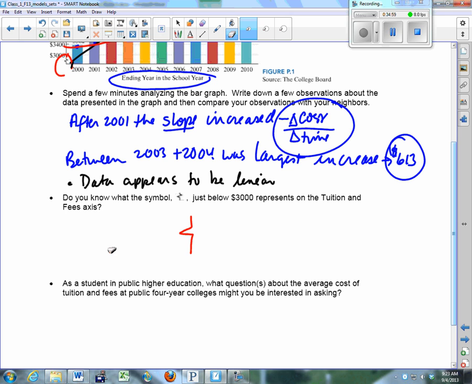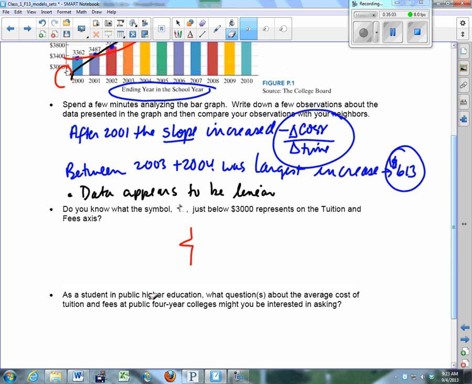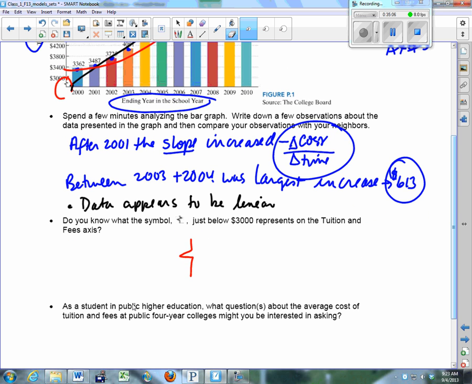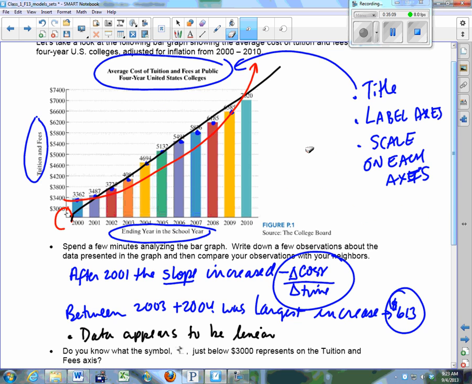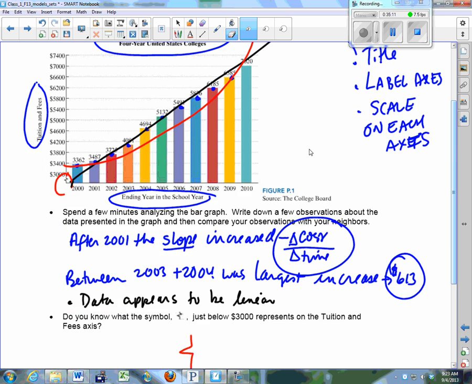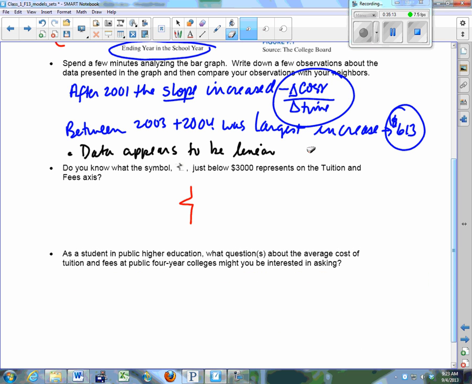As a student in public higher education, what questions about the average cost of tuition and fees at four-year colleges might you be interested in asking? So here's a trend through 2010. You're all students, and you're probably going to be students for a little bit. What might you be interested in asking? Yes, Julia.